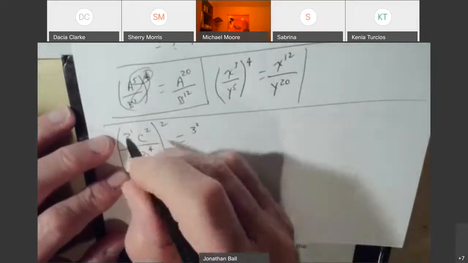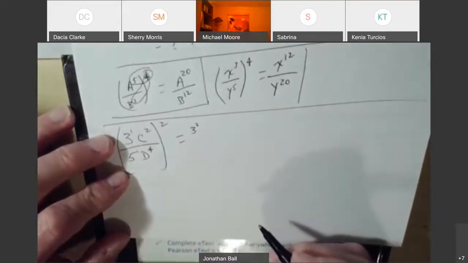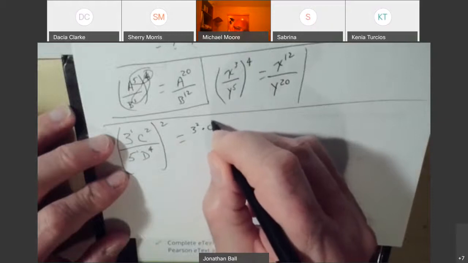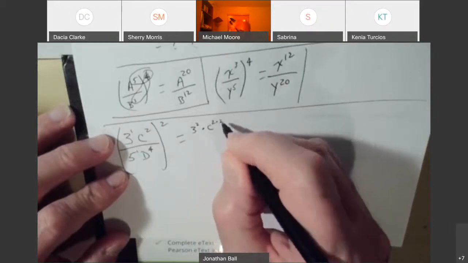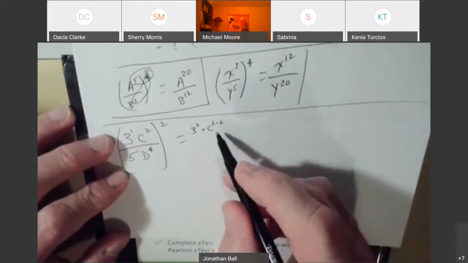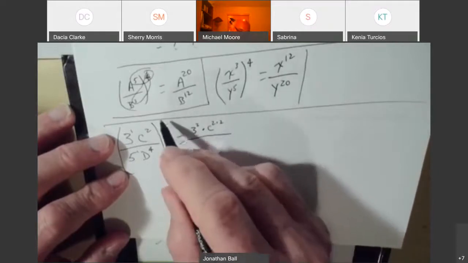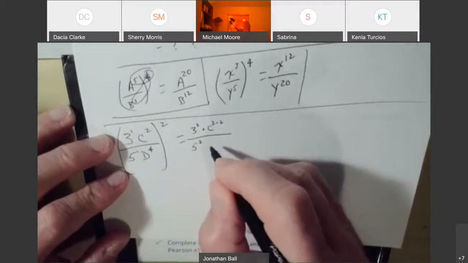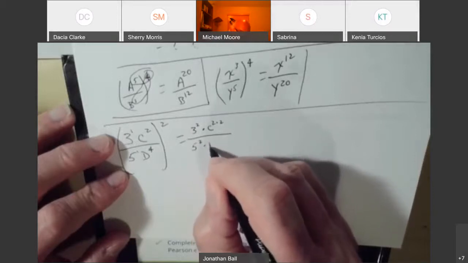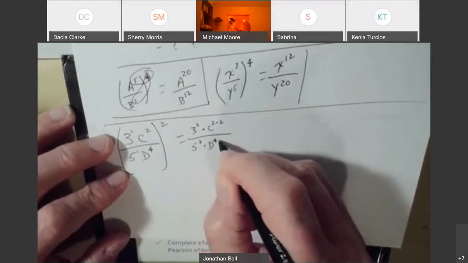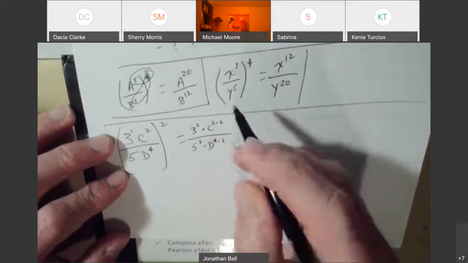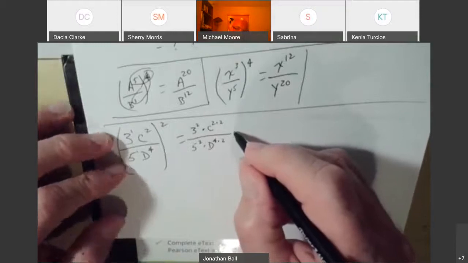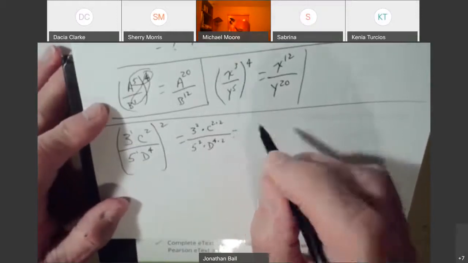Don't forget the exponent on the 3 and the 5 are 1s. We just don't write it. Times c to the 2 times 2, because you multiply the exponents. 5 squared times d to the 4 times 2. We multiply the exponents here. When you have a power raised to a power, you multiply.